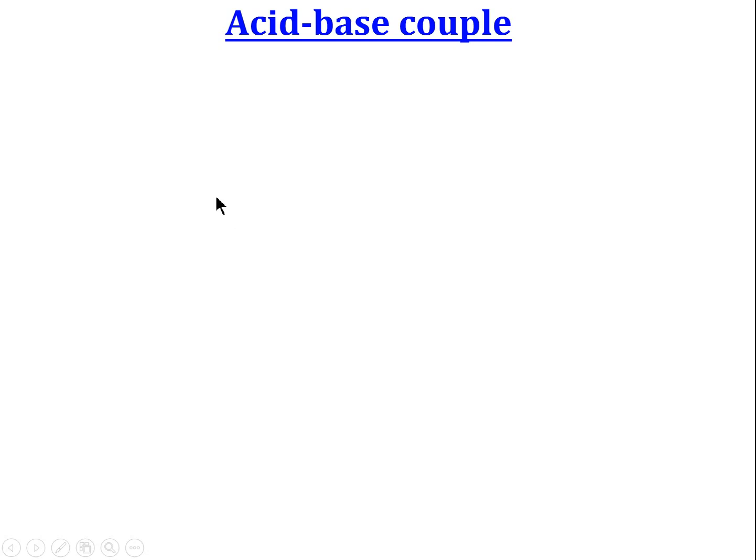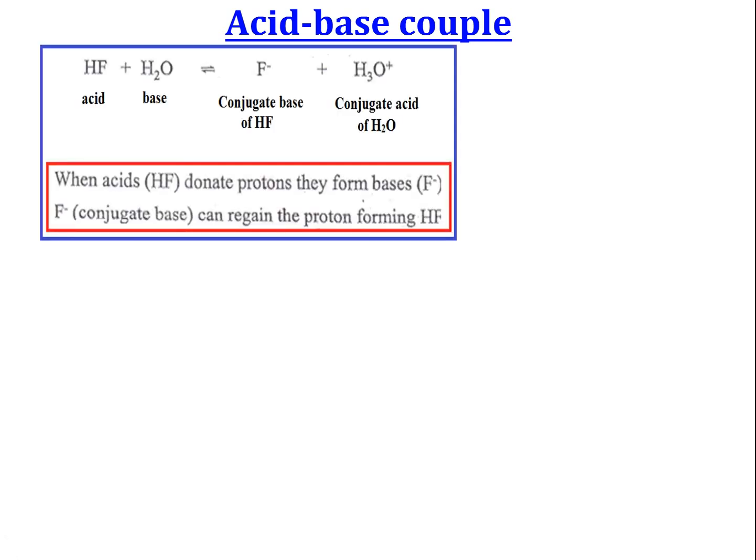Consider the dissociation of the weak acid HF in water. HF dissociates in water partially to F- and H3O+. So HF releases H+. HF is an acid. H2O accepts H+ of HF, so H2O is a base.